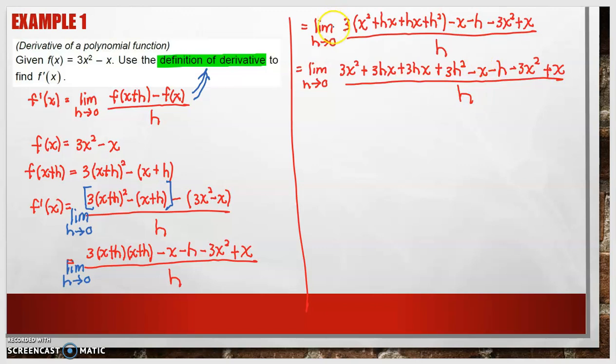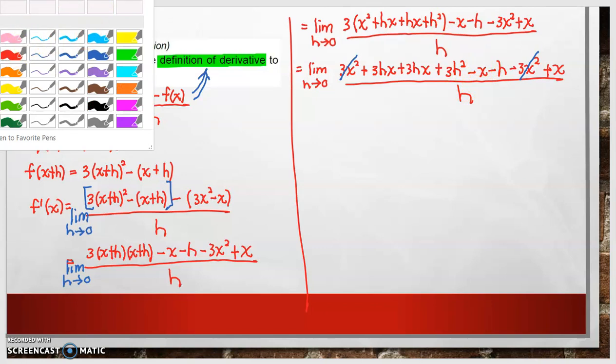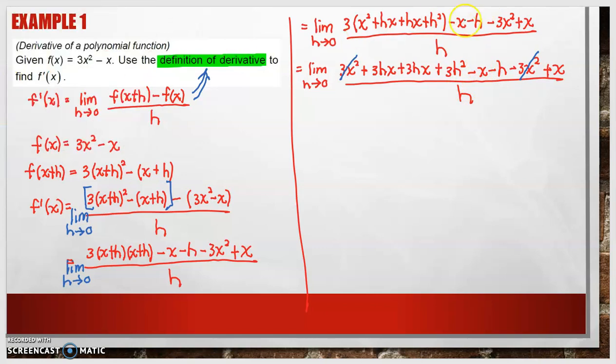Next, we try to simplify. Here is positive 3x squared minus 3x squared. This is the first part. Second, negative x plus x, so we can cancel out.